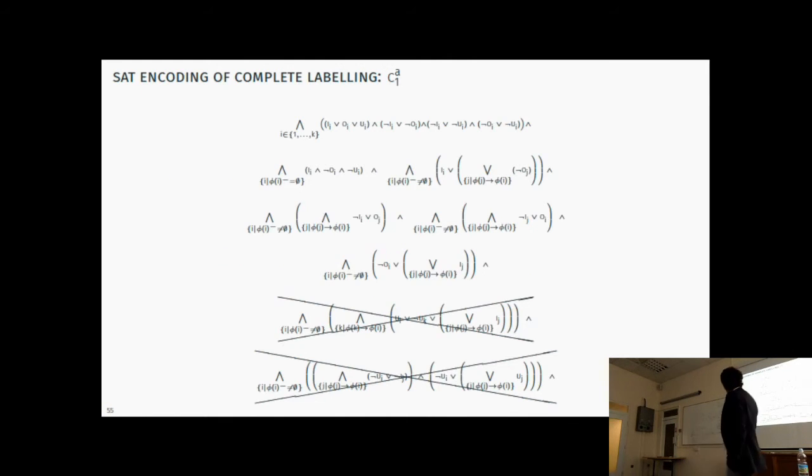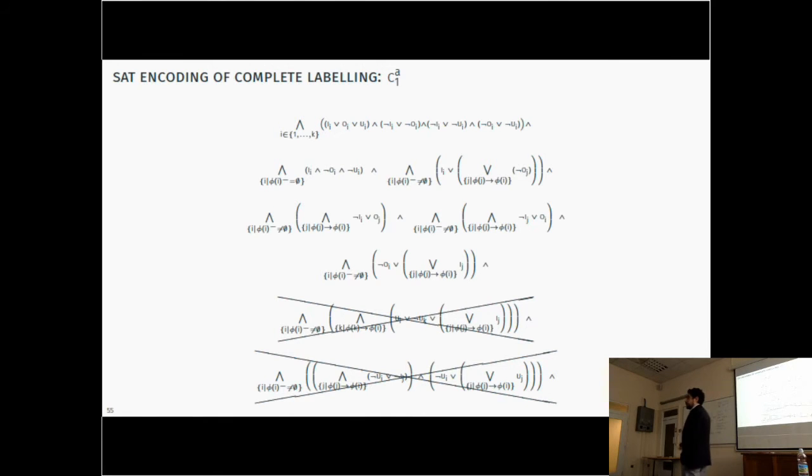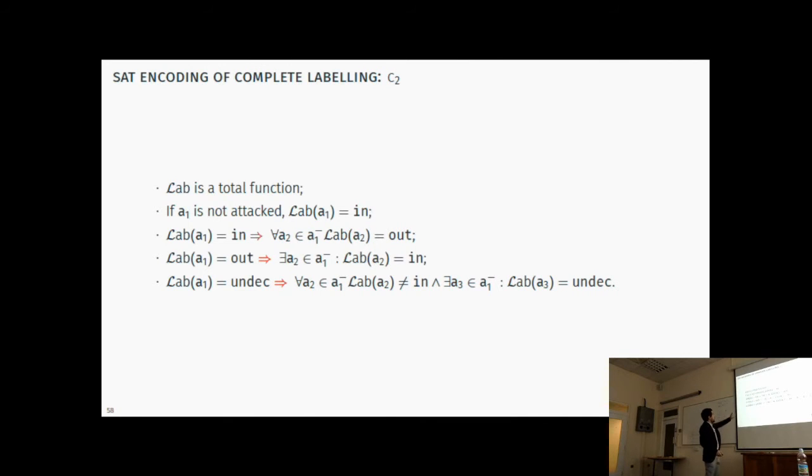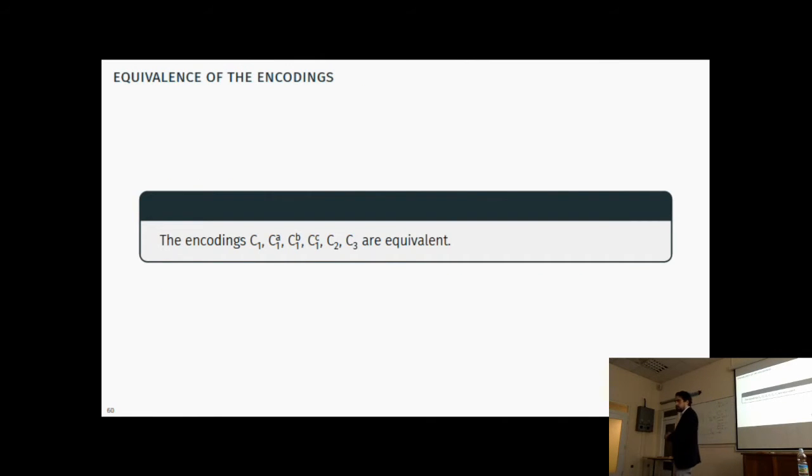So we can remove some of those SAT formulas before sending them to the SAT solver. Equivalently, we can remove each of the other lines independently. We can remove the first line or the second line, or we can keep the total function and just have the material implication from left to right, or from right to left. Some of those equivalences were already proven before. In that paper, we also proved that all the others are trivially equivalent. But why this is important will come up in a second.